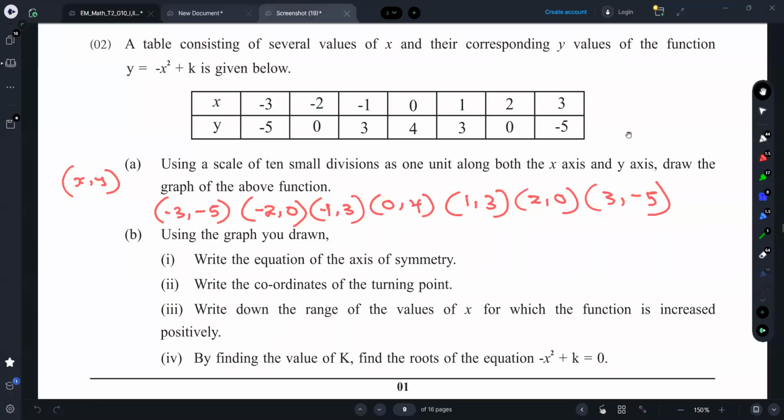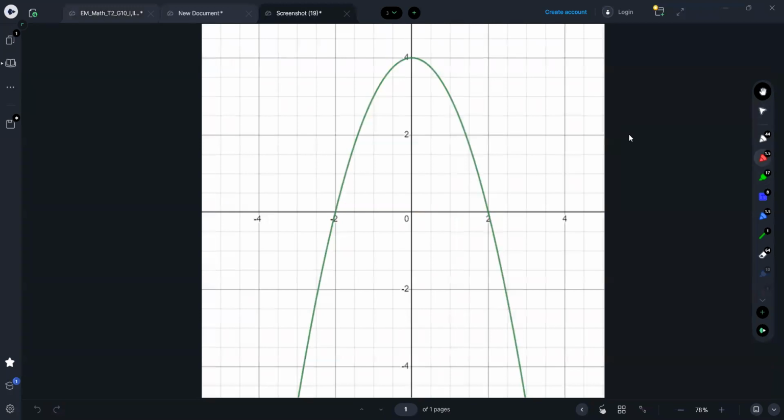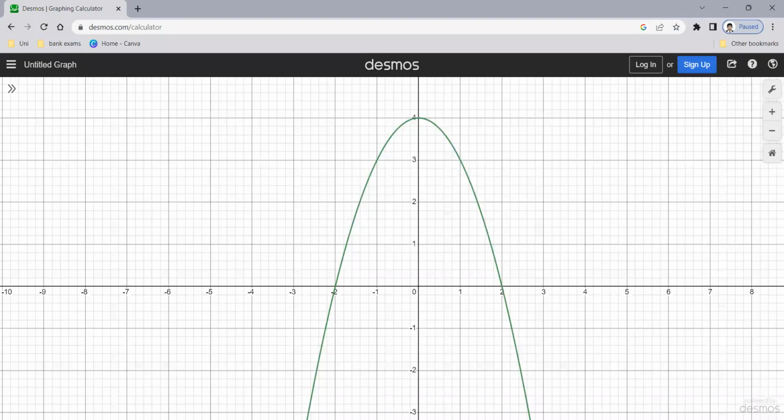Let's see. Now you should get the graph like this. Now all the points are not here. It's an example. Please give me a second. It should look like this.